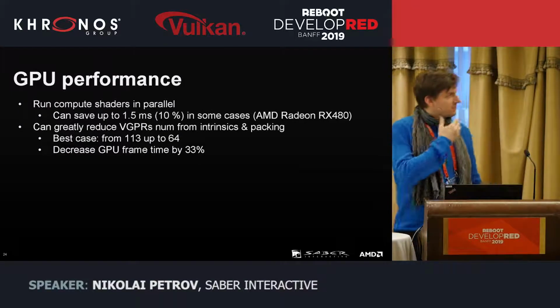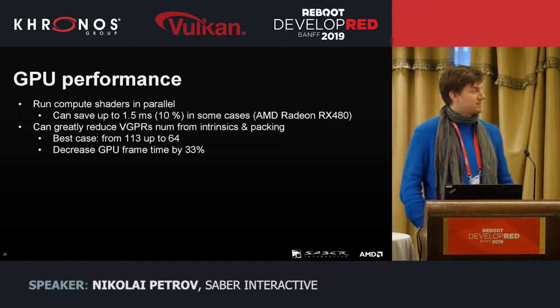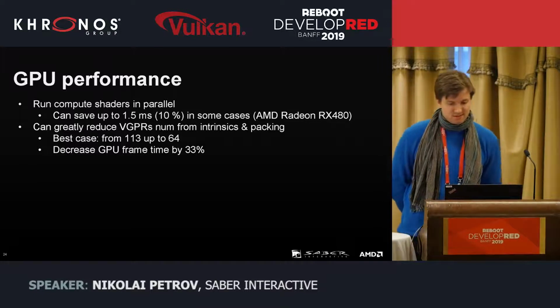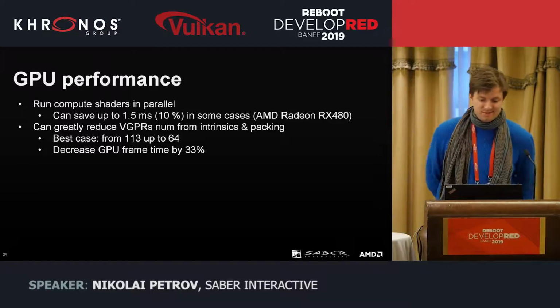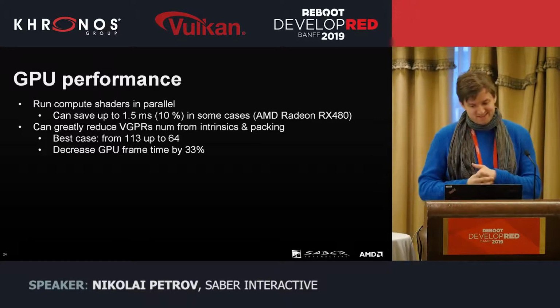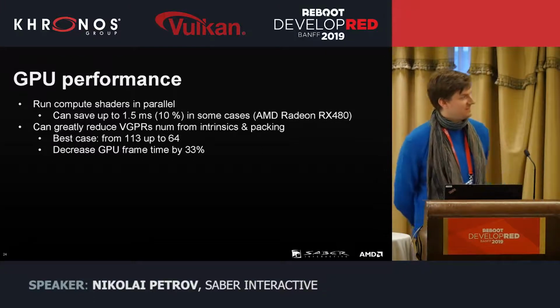Being able to execute the shaders on multiple queues, our game gets a significant benefit. We don't see any slowdown on any vendors, and in a difficult case, we can speed up our GPU execution by 10%.